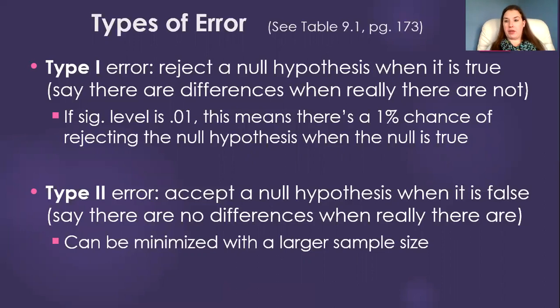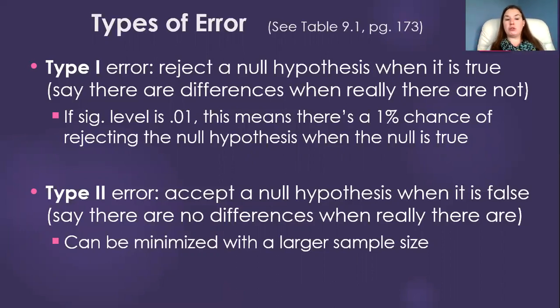The reverse of that is type 2 error. Type 2 error is when we accept a null hypothesis when it's actually false. We fail to reject a null when really we should reject it. So we're saying there are no differences between groups when really there are differences between groups.